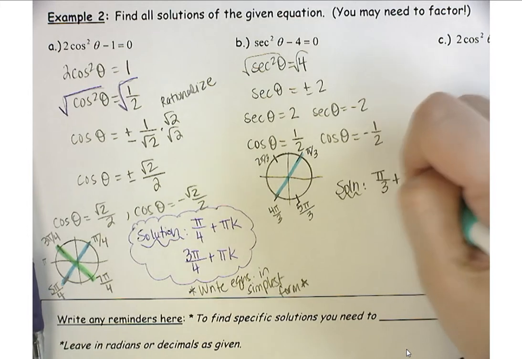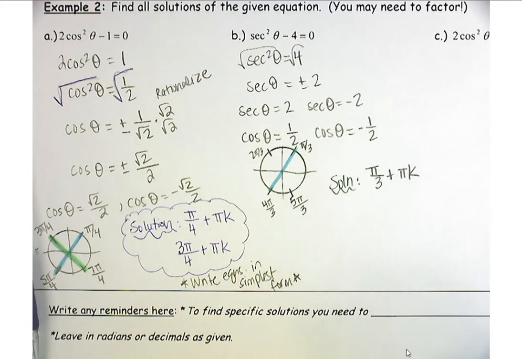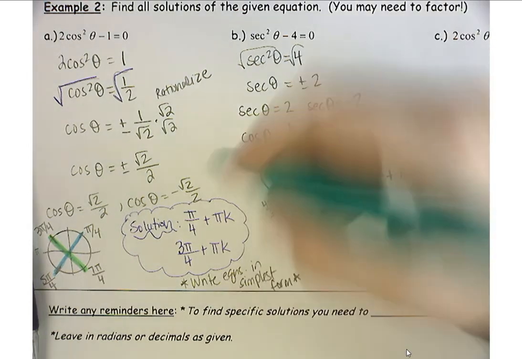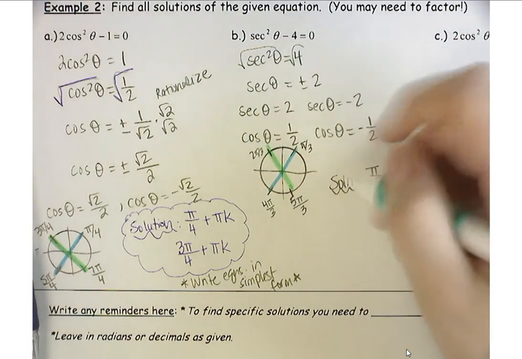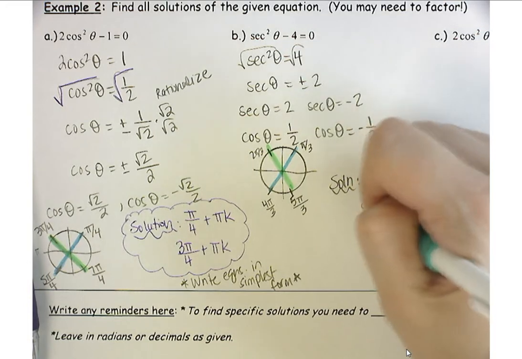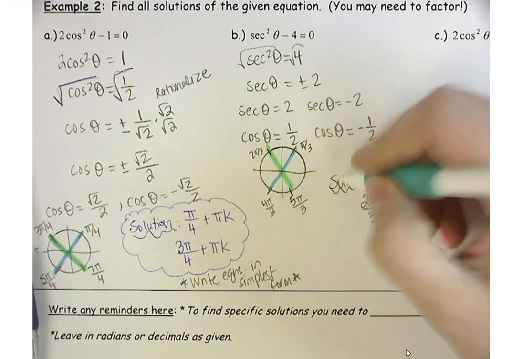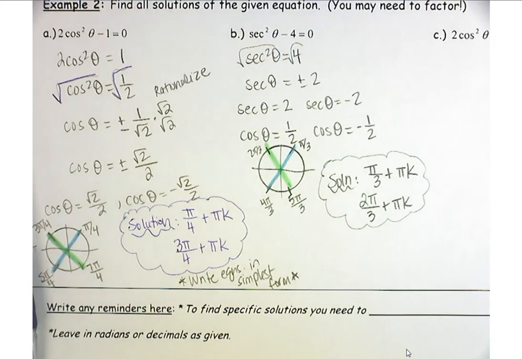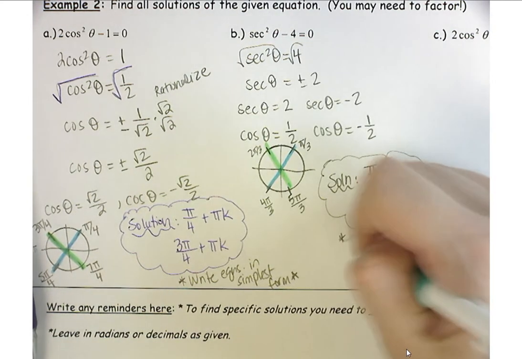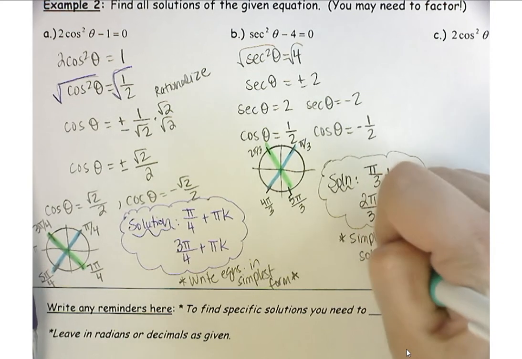And then this is plus pi k, because it occurs every half of a circle instead of the whole circle. And then same thing here. So I could do 2 pi over 3 plus pi k, but I could also do 5 pi over 3 plus pi k instead. Okay, so these are simplified solutions here.